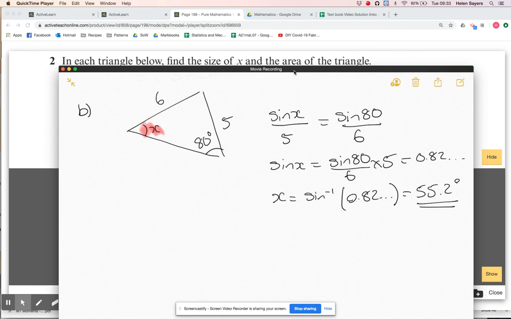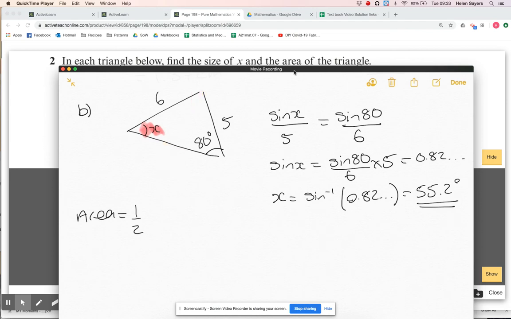Now I'm going to do area, and I'm going to do half value, so half AB sine C. I currently don't have any two sides and the angle between them. So I'm either going to have to find this missing side or that missing angle.